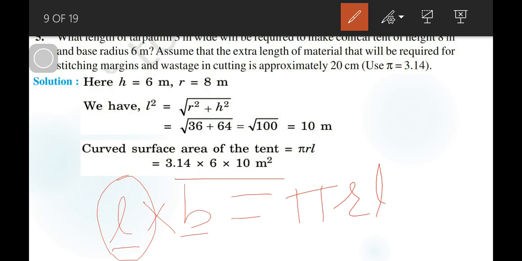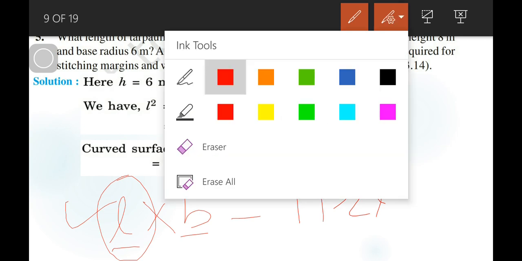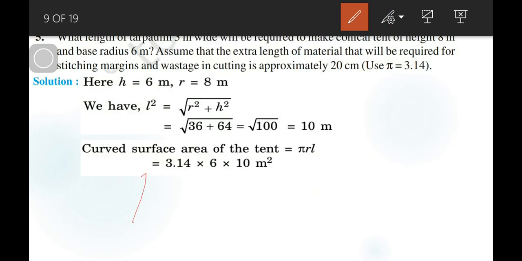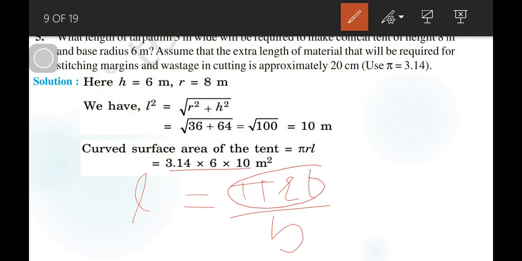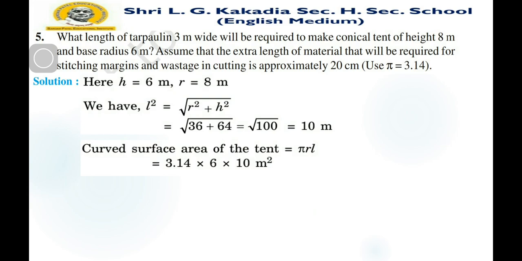So we have to make L the subject. So we get L is equal to pi r L by B. We know that the value of pi r L is given here, and the value of breadth is given here, 3 meter.